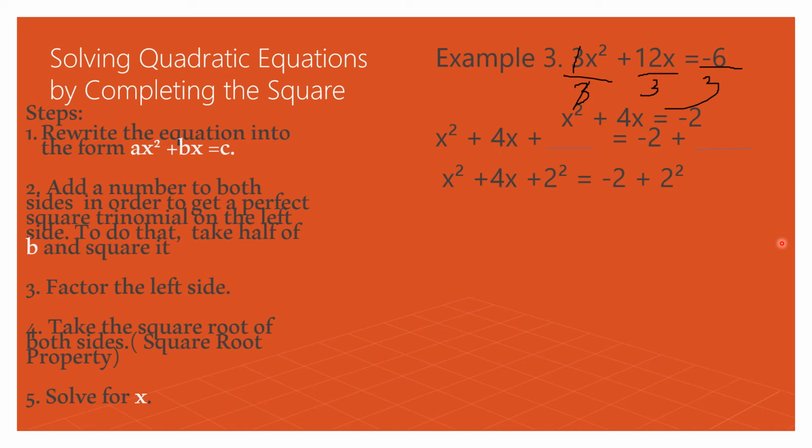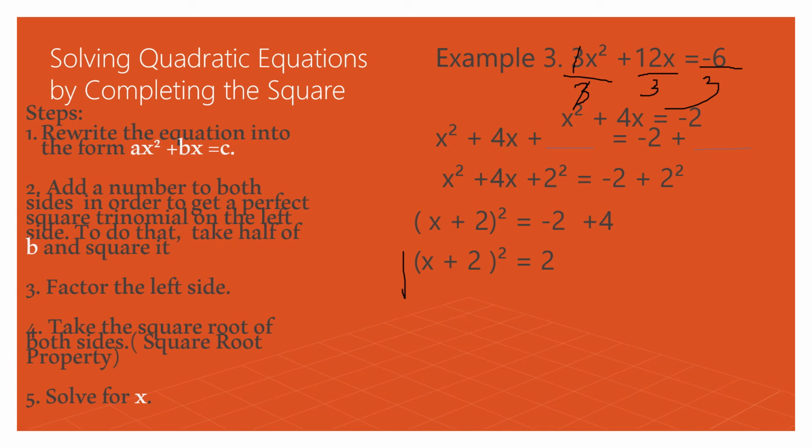So, ayan na. So, ngayon, ang gagawin natin, fa-factor na uli natin ito kasi ito ay perfect square trinomial at isi-simplify lang natin yun sa kabilang side. So, ayan na ngayon ang factored form niya. Quantity x plus 2 squared is equal to negative 2 plus 4 and that is equal to 2.